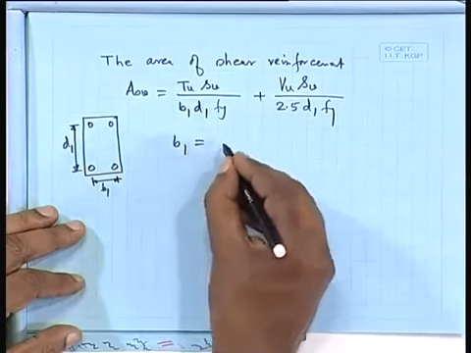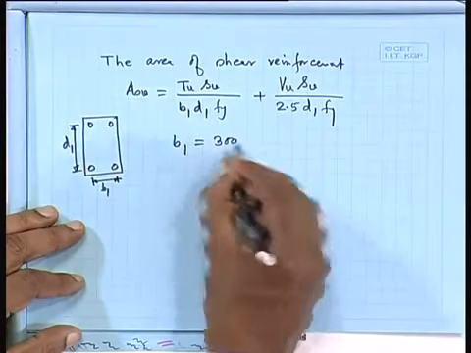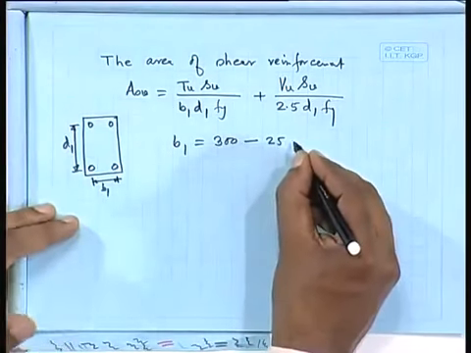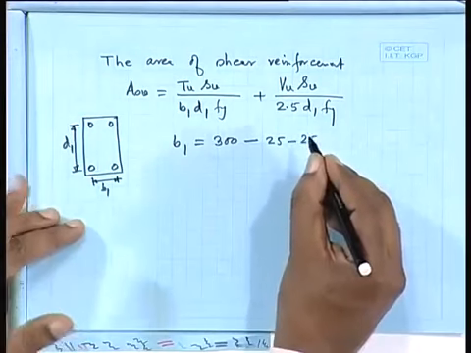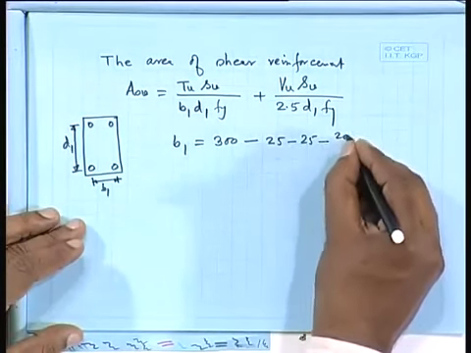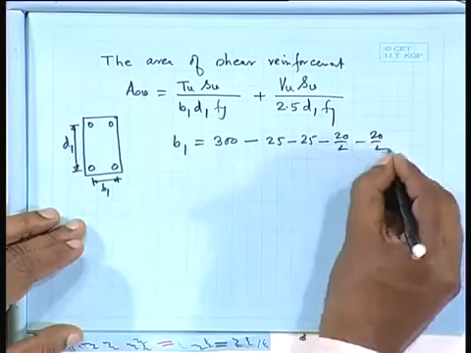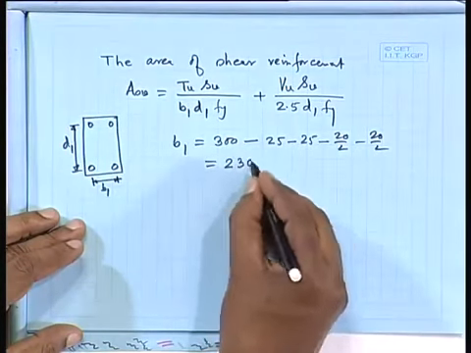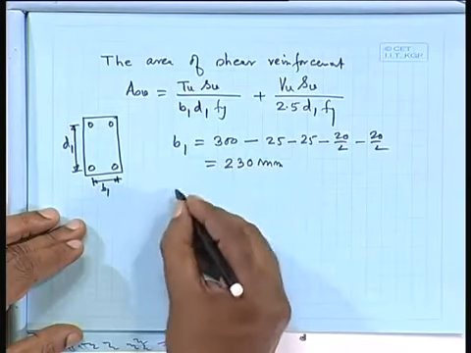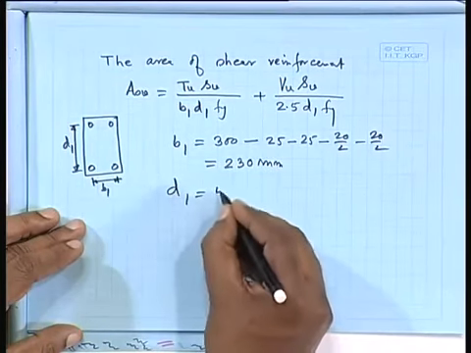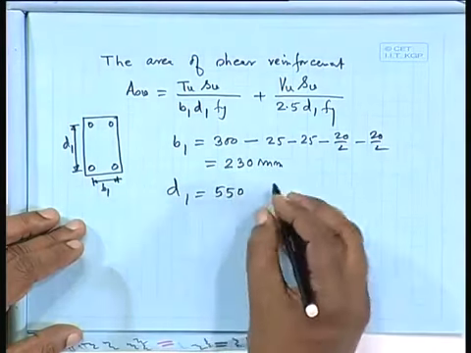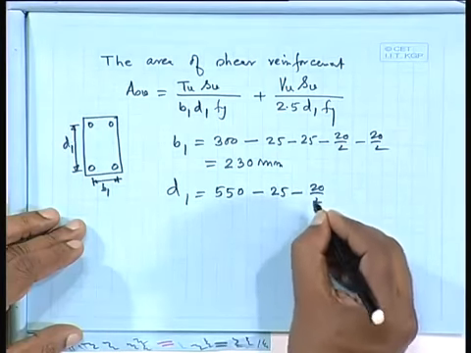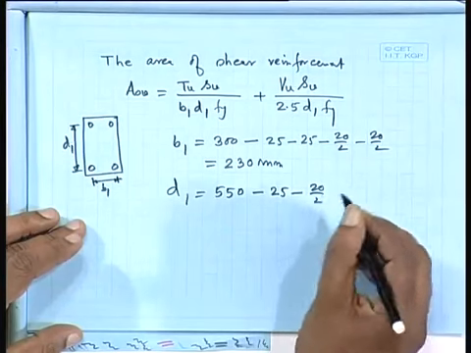B1 will be equal to 300 millimeter is the breadth, minus 25 clear cover from one side, minus 25 the clear cover on the other side, minus 20 by 2, minus 20 by 2. Okay, and that one we are getting as 230 millimeter. What about D1? D1 will be equal to overall depth 550 millimeter, minus 25, minus 20 by 2, one side.